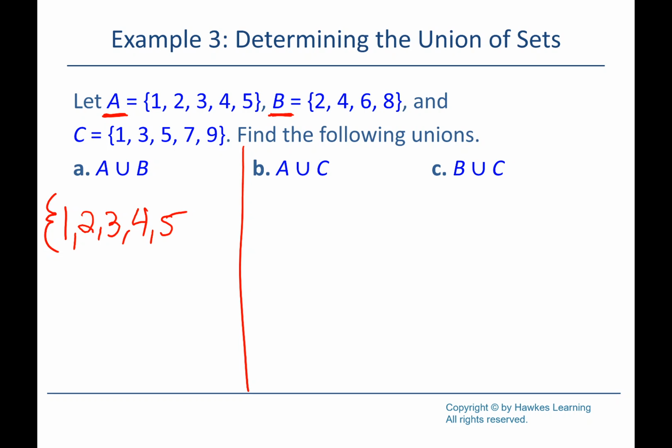If it's in both sets, you don't have to write it twice. So here 2, we've already got in there, so we don't have to write it again. 4, we've already got in our union. We're missing 6, so we need 6, and we need 8. Got to make sure they're all covered. So there's our union of set A with set B.